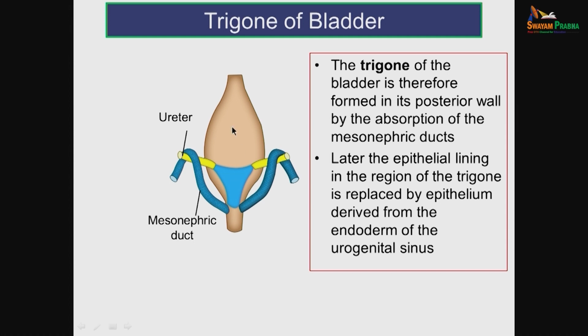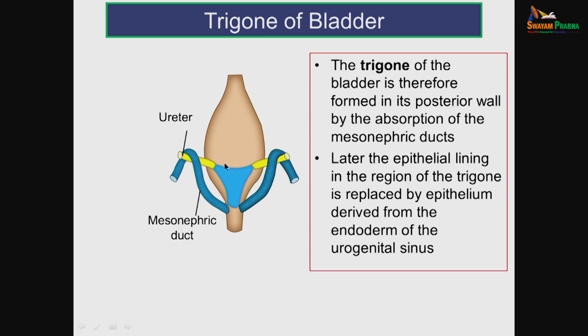I have already mentioned the development of bladder. It is from the cranial part of the vesico-urethral canal. It is endodermal in origin. Later, the epithelial lining in the region of the trigone is going to be replaced by the epithelium derived from the endoderm of the vesico-urethral canal.